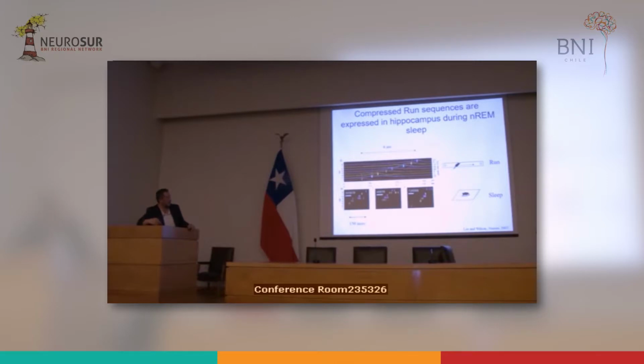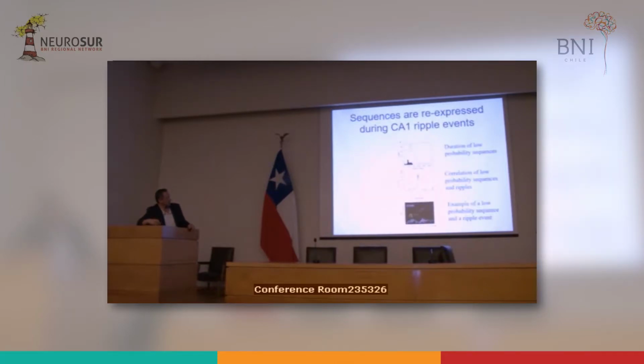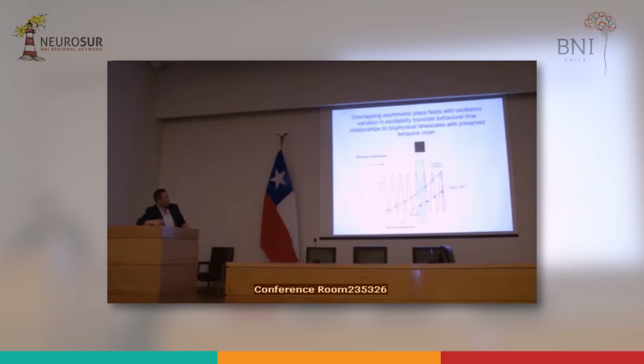And this occurred repeatedly. And when you looked at the occurrence of these sequential events with respect to the local field potential, these sequential events occurred during the expression of sharp wave ripple events. So sharp wave ripples were associated with sequence reactivation during non-REM sleep.